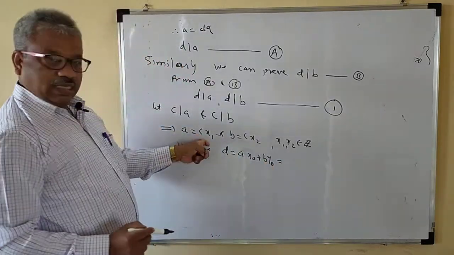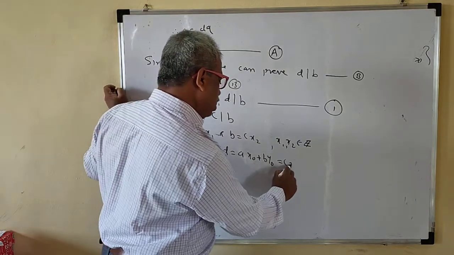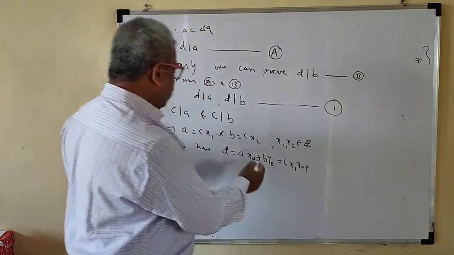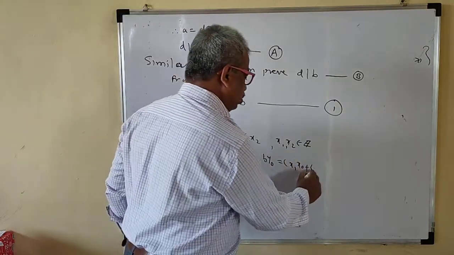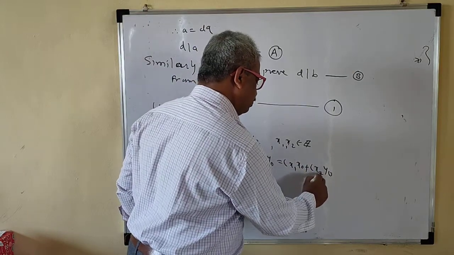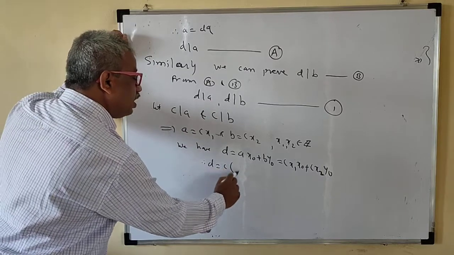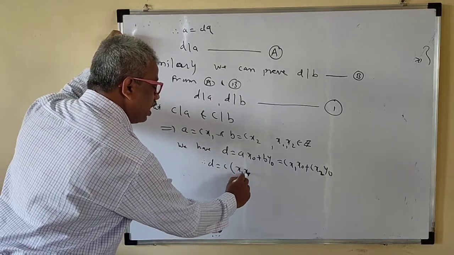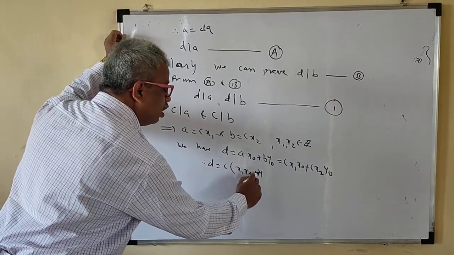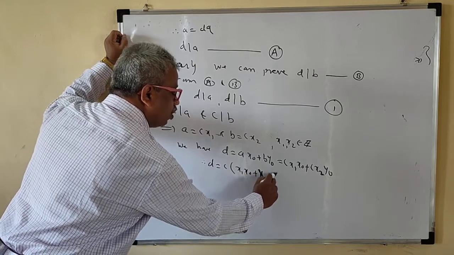What is your A? C x1. So C x1 x naught. What is your B? C x2 y naught. So therefore D is equal to C times (x1 x naught plus x2 y naught), right?